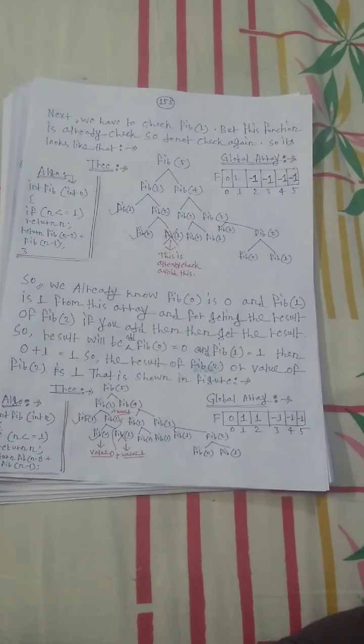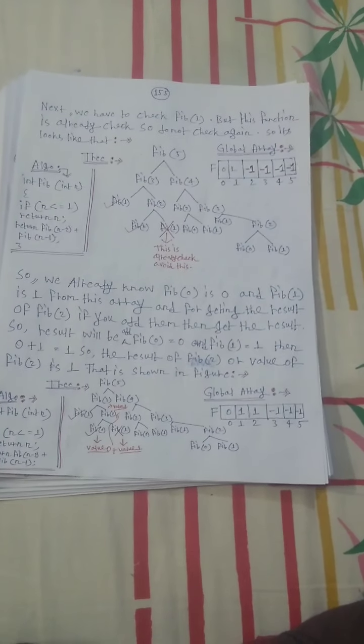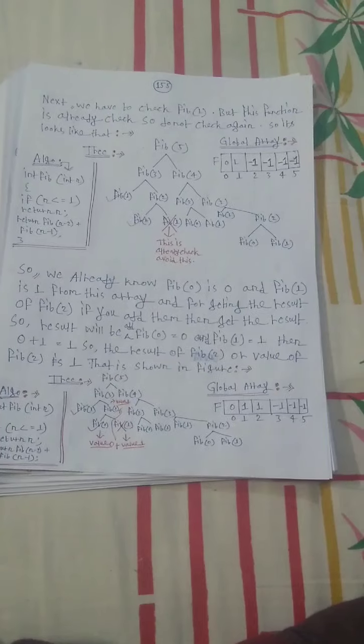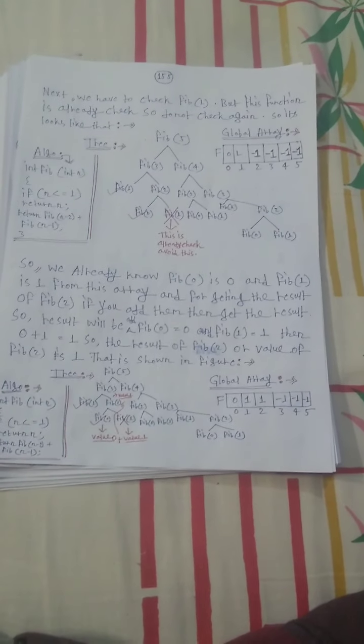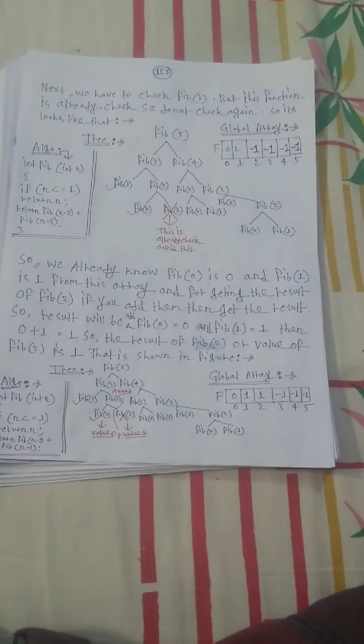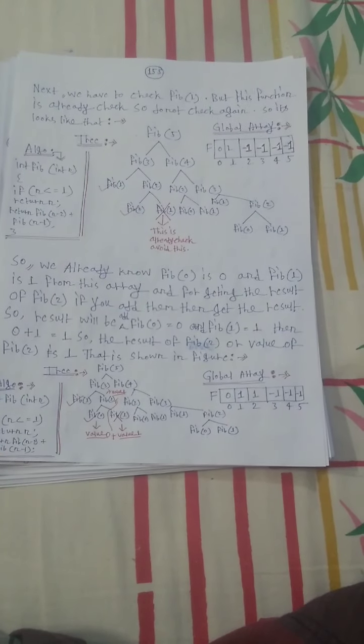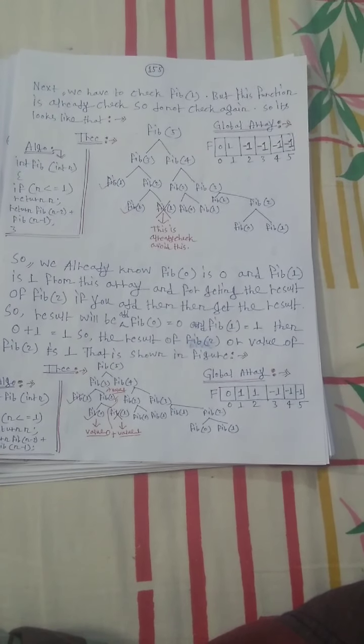We already know fib 0 is 0 and fib 1 is 1 from this array, and to get the result of fib 2 we add them: 0 plus 1 is equal to 1.